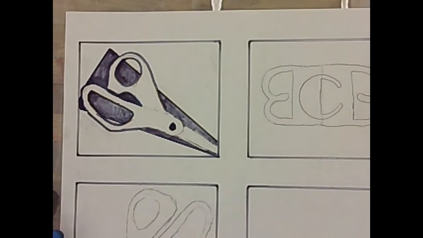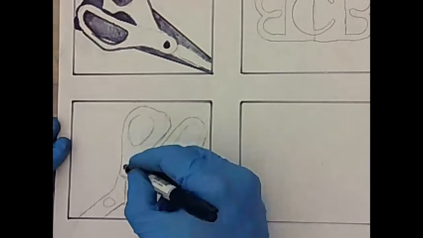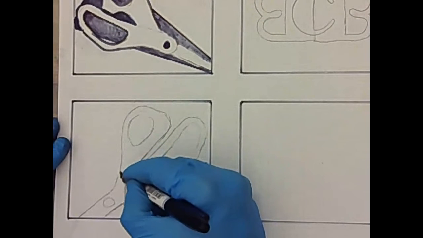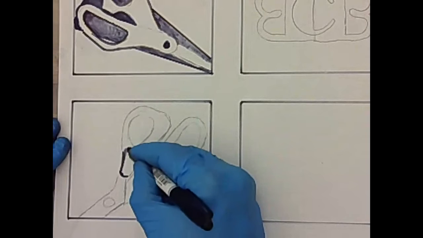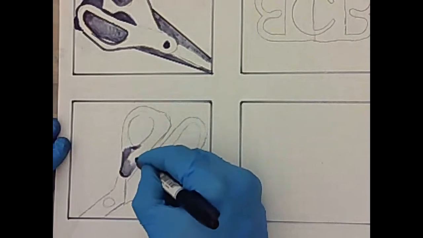So some positive negative shape relationship there. Maybe in this version, I go the opposite way and make the handles stand out as solid shapes by filling them in.